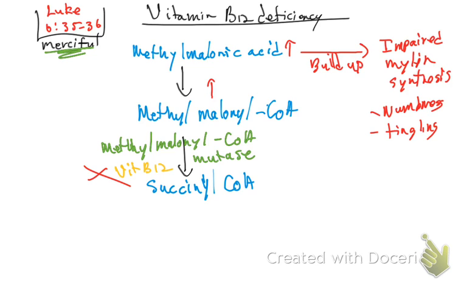Okay. Now, this is on the side of the methylmalonic acid. But what about homocysteine? Homocysteine also requires vitamin B12, so we're going to open a new slide. So we have homocysteine. This homocysteine is going to become methionine.